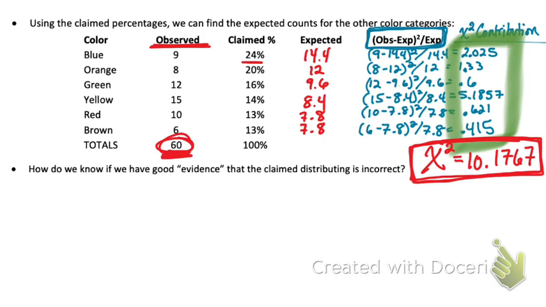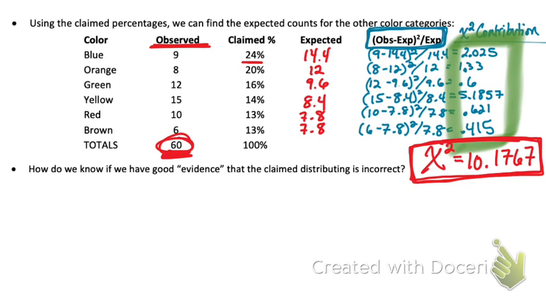All right, now let me do a little explaining for just a second. If you look at the big numbers of the chi-squared contribution, which chi-squared contribution was the biggest? The yellow. Why is that chi-squared contribution so large? That is the biggest difference between the observed and the expected value. So in this distribution, yellow was the biggest problem, okay?